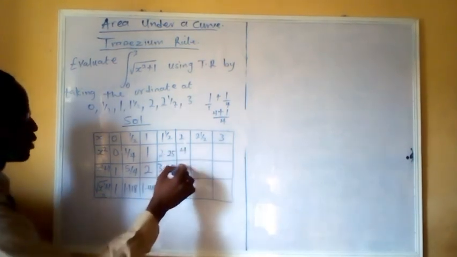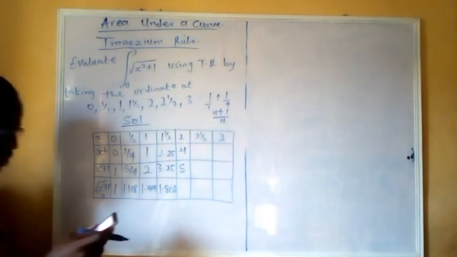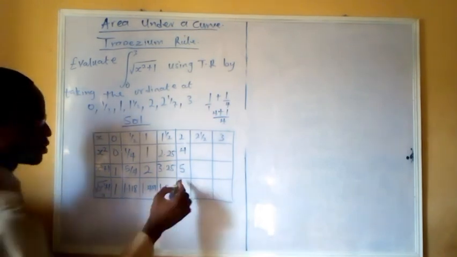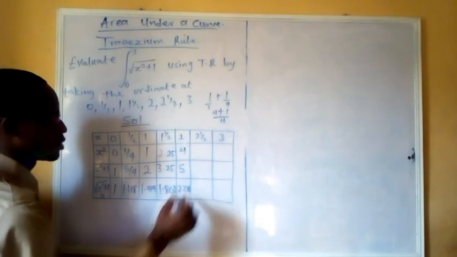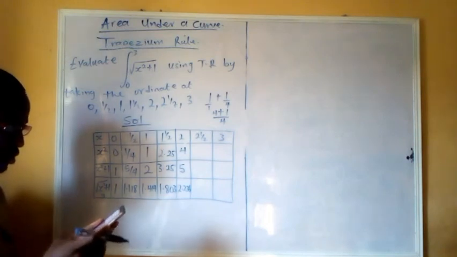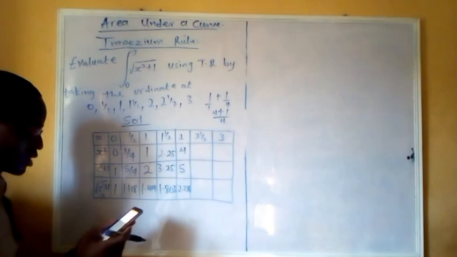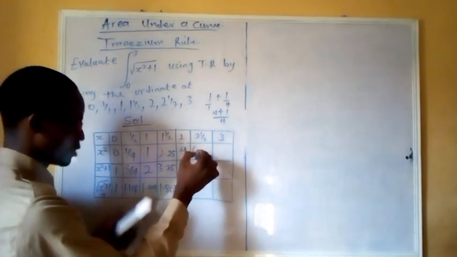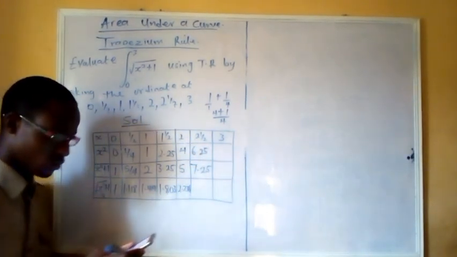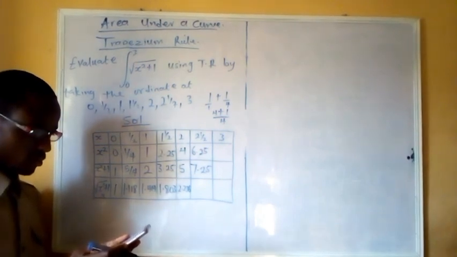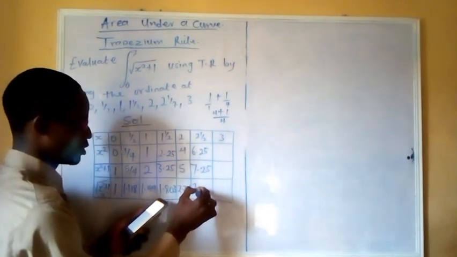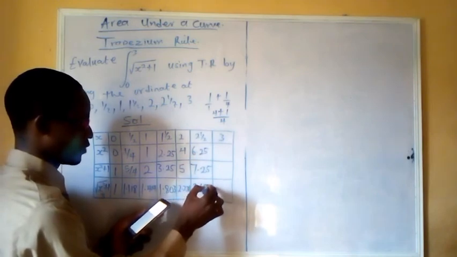Then we go to 2: 2 squared is 4, plus 1 is 5, and the square root of 5 gives 2.236. Then 2.5, which is 5 over 2: 2.5 squared is 6.25, plus 1 is 7.25, and the square root of 7.25 gives 2.693.